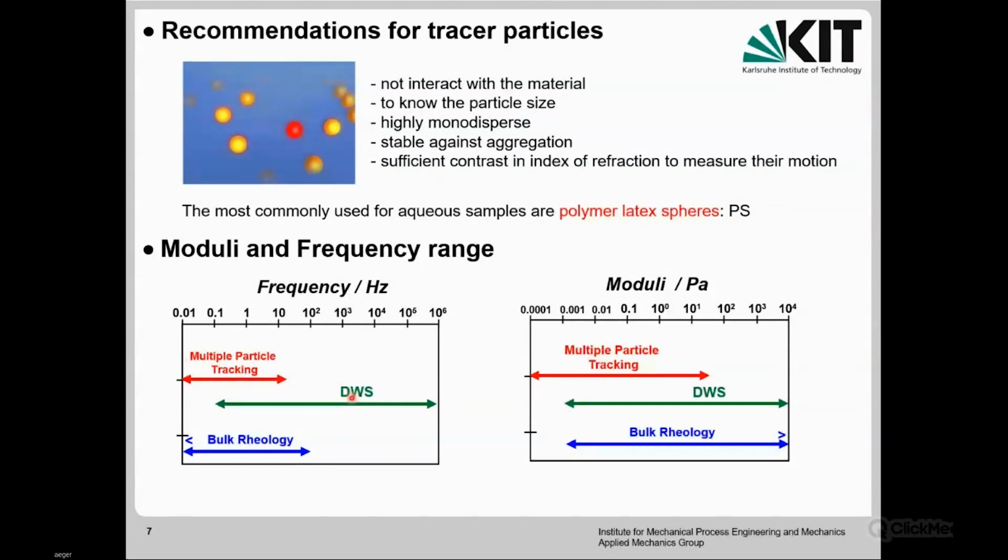Concerning the moduli, the elastic modulus G prime, for instance, DWS can also cover a very broad range, up to 10 to the power 4 Pascal. So the material can be quite elastic, which is much better compared to the second microrheology technique, where we are limited to around 50 Pascal. So this is concerning the modulus and frequency range.